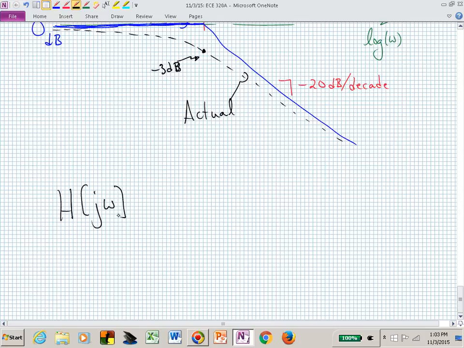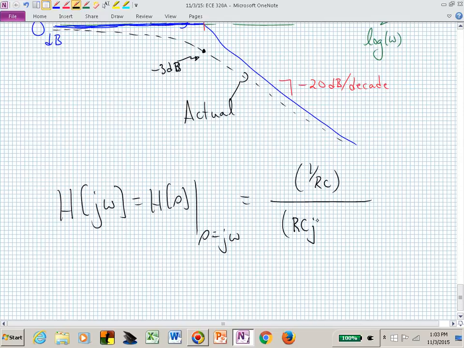j omega, which is really the h of s evaluated at s equal to j omega, we've now replaced s with j omega. This is now 1 over RC over 1 over, you do it in the time constant form, this is now RC times j omega plus 1.